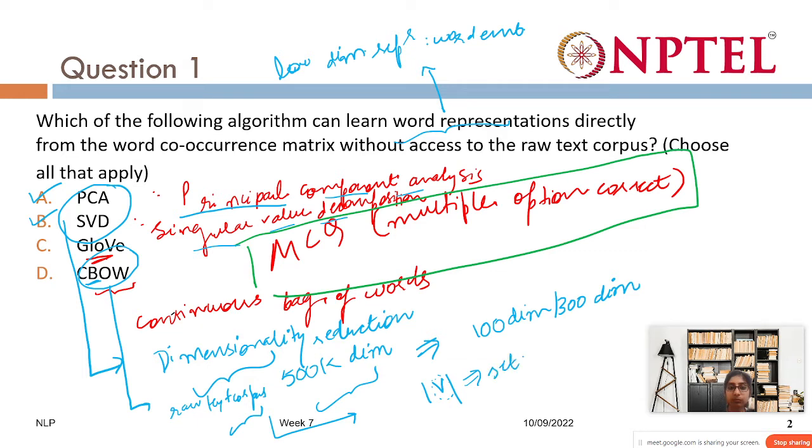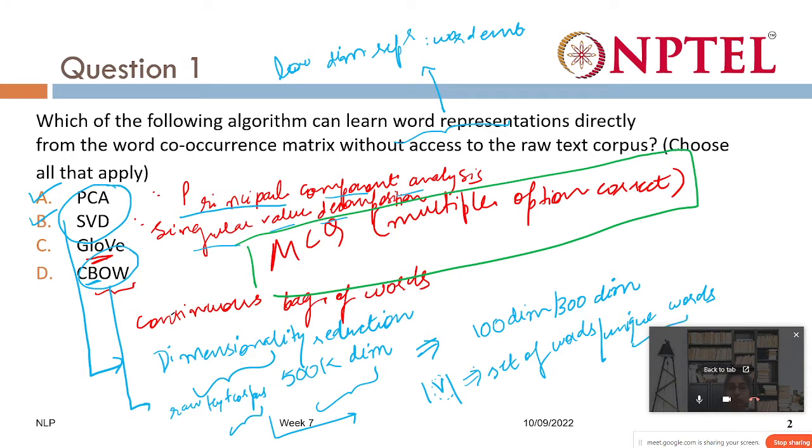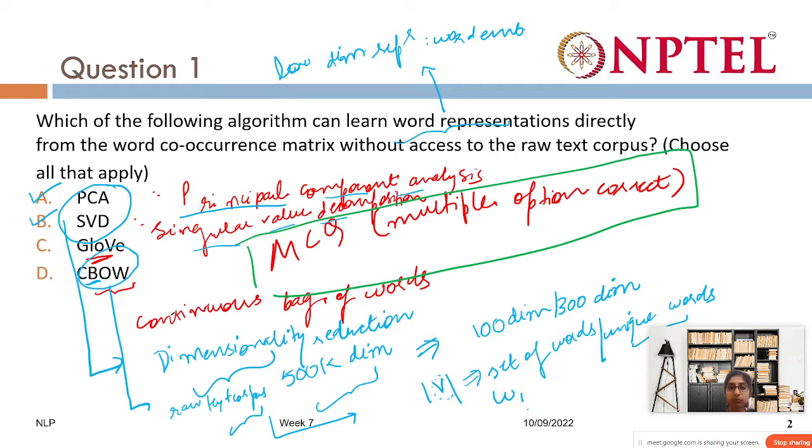Yes, the set of all the unique words. In Python, if you do set, it will drop the duplicates by itself. So it will require access to all the unique words in the vocabulary. How can we infer that? Because you remember from your lecture, we need to learn two parameters, w1 and w2. These are the parameters that you learn when you are training this model.